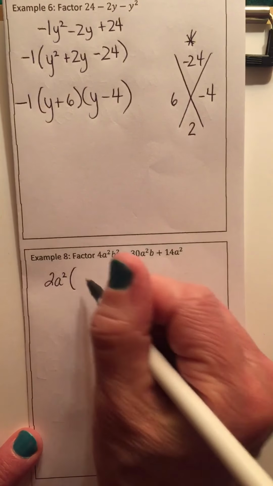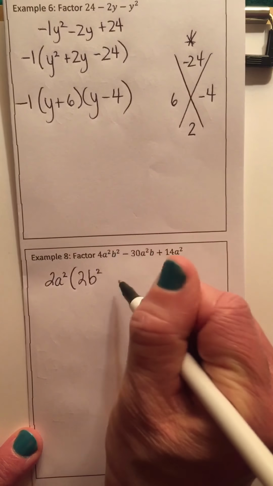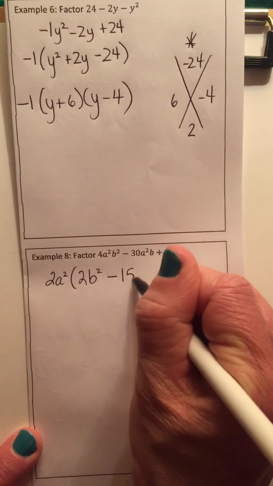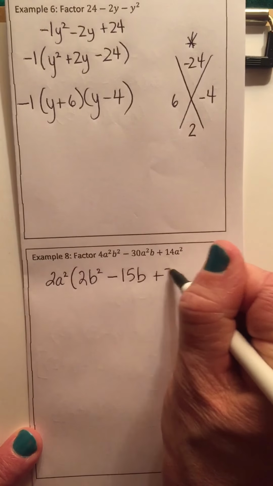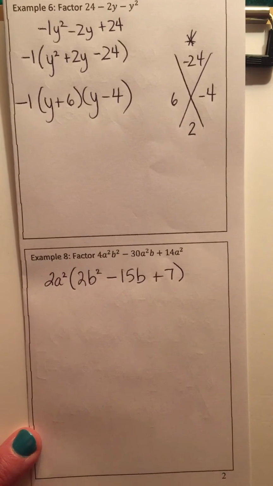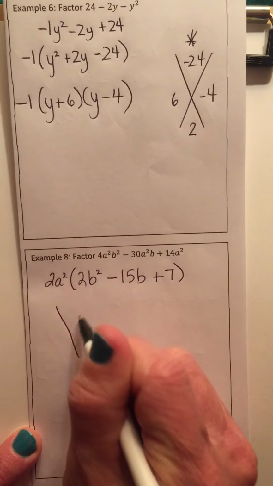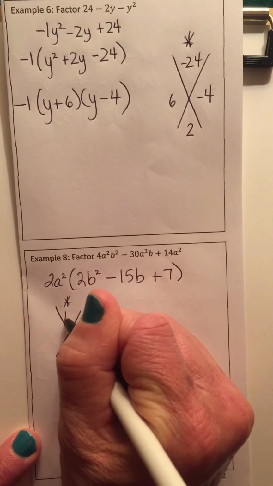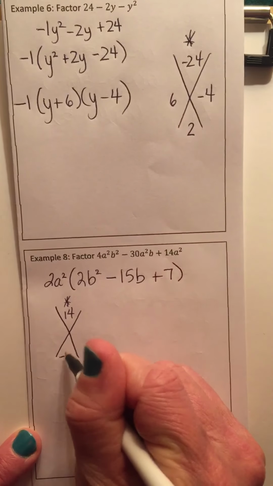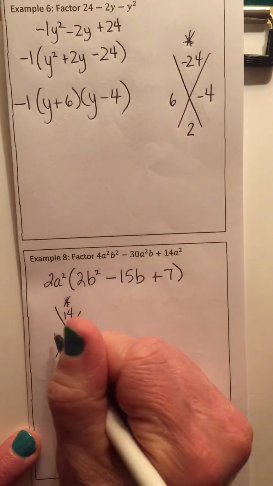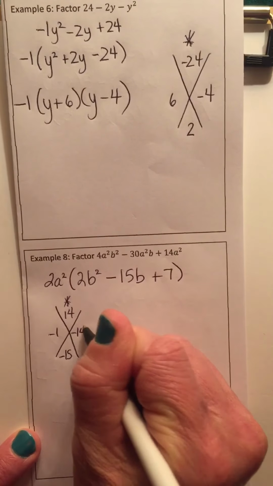When we divide that out, we're going to have 2b squared minus 15b plus 7. Now just looking at the stuff inside the parentheses, 2 times 7 is going to be 14, so it multiplies to 14 and adds to negative 15. It's negative 1 and negative 14.